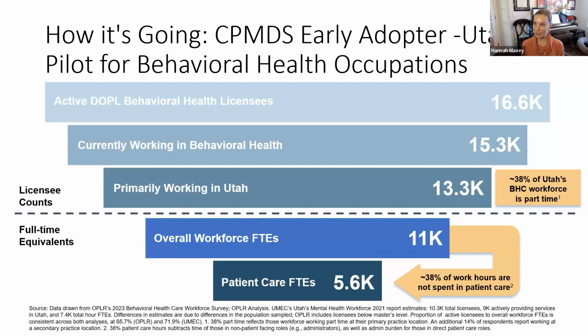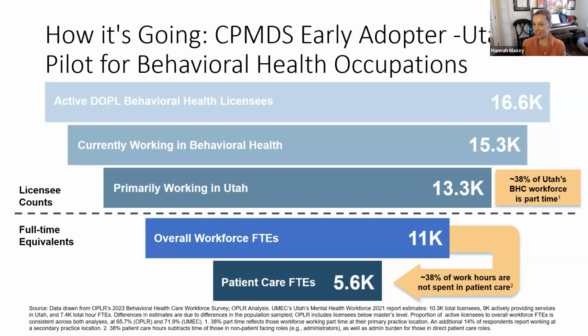What you're looking at is, with the permission of the Utah Office of Professional Licensure Review, the pilot findings of the implementation of the CPMDS with their behavioral health boards. I know that many of us are researchers. We're all here to talk about workforce data. So the cliff notes are, they had over 16,000 active behavioral health licenses in the state. And at the end of the day, by implementing the CPMDS, they were able to identify that they had just over 5,600 actual patient care full-time equivalencies practicing in their state.